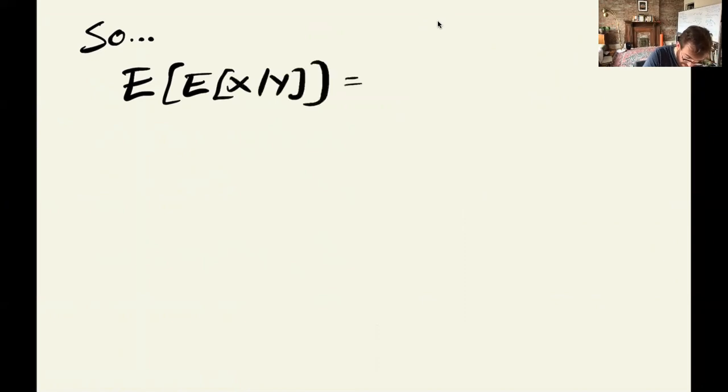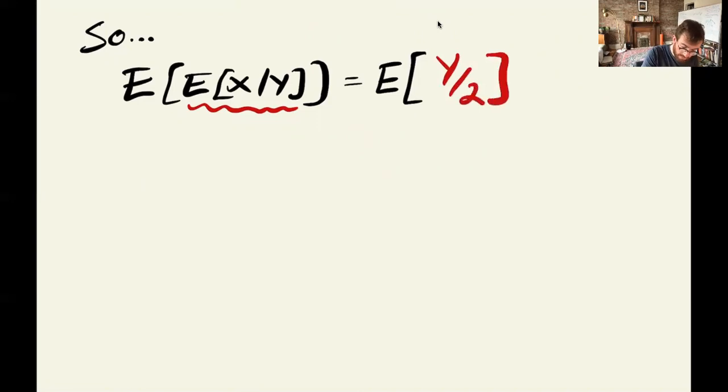Well, there's two ways of thinking about this. Well, one, I can just recognize that I now have a formula for this expression. And that expression is, let me just do it in red, y divided by 2.